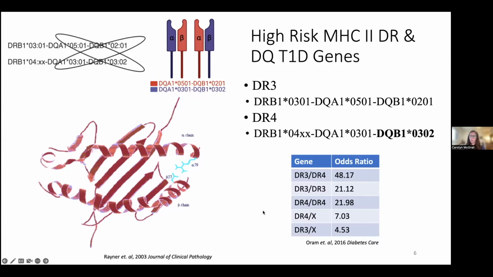And while about 90% of people with T1D have the DR3 and/or DR4 haplotype, MHC risk inheritance for these particular haplotypes does not necessitate disease manifestation. This is actually relatively common. DR3 is relatively common in the general population.